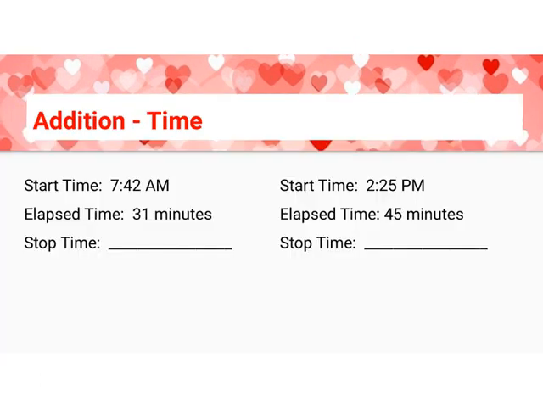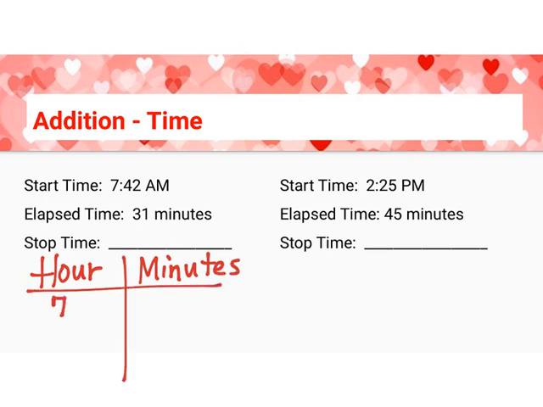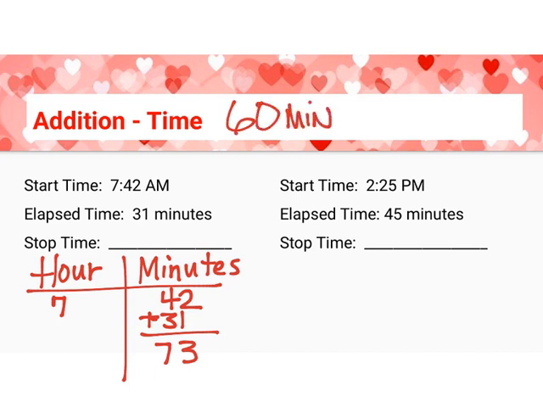So on my time, I remember we start off making an hour column and a minutes column. Now my 7 goes under hour, 42 goes under minutes. My elapsed time is 31 minutes. So if I add that up, I get 73. Well, I know that 60 minutes equals 1 hour, right?